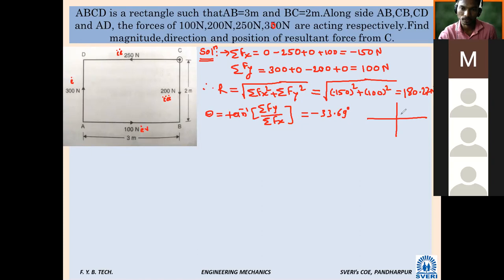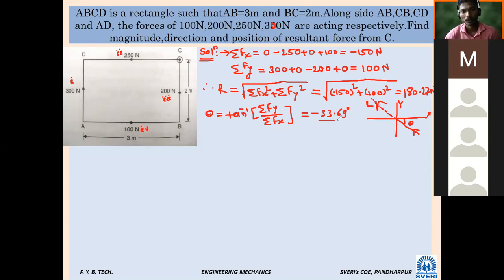Clockwise. Here Y, here X. Direction upward or downward? Upward, because it will go into the second quadrant. It will come somewhere here, R, shown by a dotted line, because the line of action, if you extend it, doesn't matter where it goes.